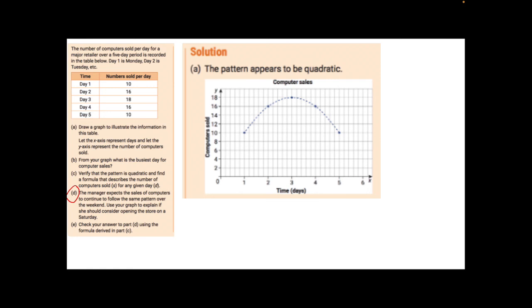So if she considers opening the store on a Saturday, following the same shape, we can see that we would have very few computers sold on the Saturday, and we would have even less if we went down to the 7th day, Sunday. So should she consider opening the store? No, she shouldn't open the store, as she would be selling very few computers on a Saturday if we followed the same pattern.